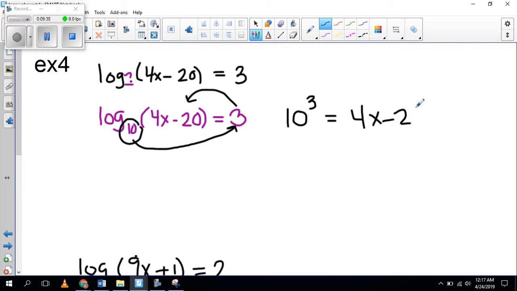Now, guys, what we have created is an equation for us to solve. So if I just do it like this, put a line in the middle, we do 10 to the third, which you could just put in your calculator, 10, caret key 3, and it should give you 1,000. So this becomes 1,000.